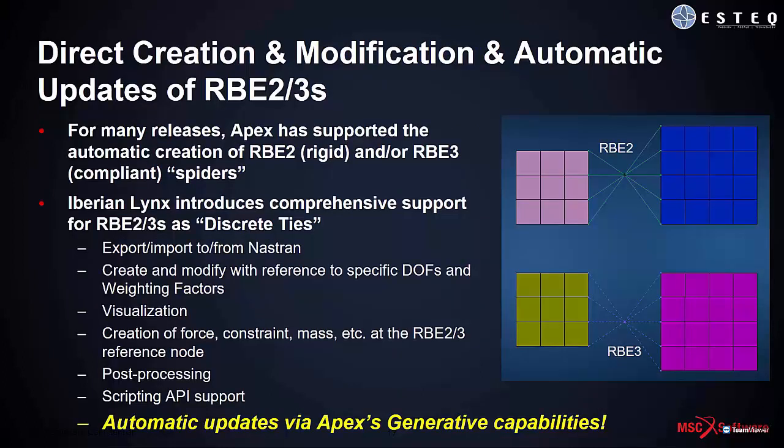For the hardcore analysts out there, you guys always wanted to create RBEs manually. You can now do this as well, as opposed to the automated ones that Apex has introduced initially. But this also opens up the ability to edit existing or automatically created RBEs and ties as well.